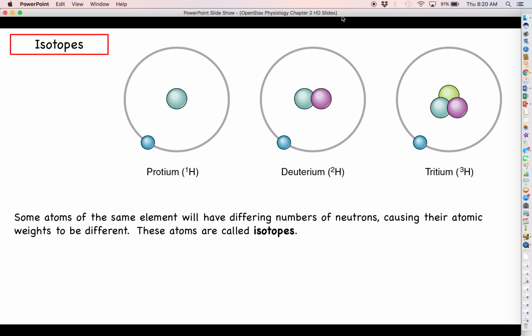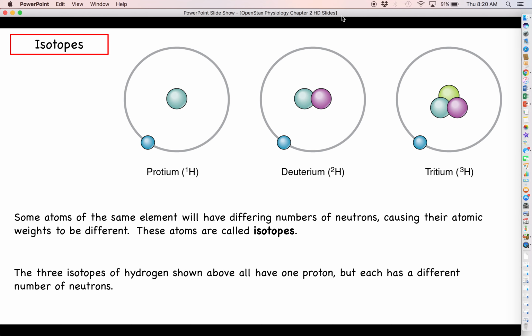A perfect example, as shown here, are the 3 isotopes of hydrogen. On the far left, you see protium, which is hydrogen 1. This is the most common isotope of hydrogen. Roughly 99% of all hydrogen is of this variety. It has a mass number of 1 because it has 1 proton and no neutrons.